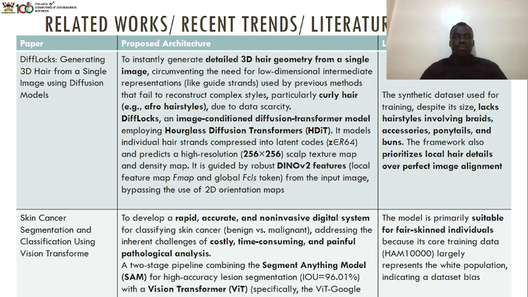So here the limitations, first of all, the synthetic data set used for training lacks hairstyles involving braids and then accessories, ponytails, and bands. The framework also prioritizes local hair details over perfect image alignment. That means there are some images which we will upload and will not get the hair structure well.